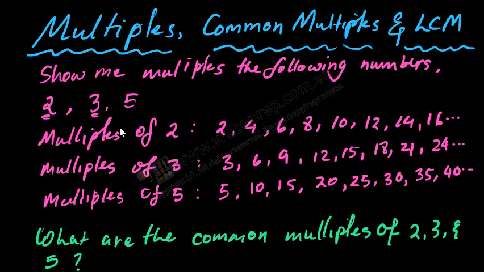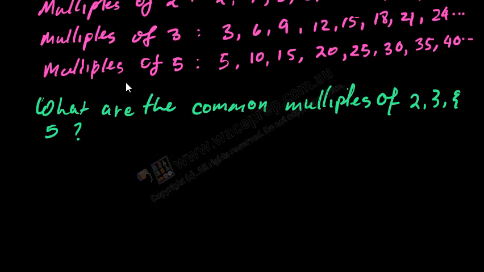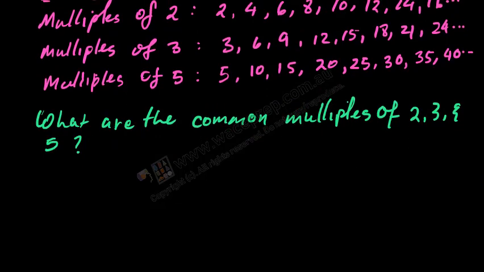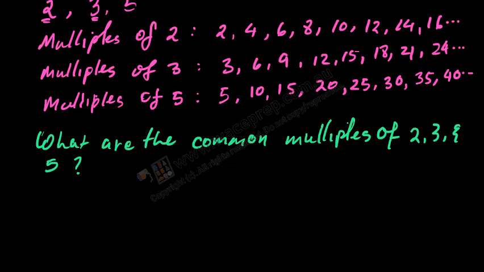Okay, now to show that, we need to refer back to the multiples that we have found, and we need to show what numbers are common in all of these three numbers, 2, 3 and 5. What multiples or what numbers are common for these three numbers?